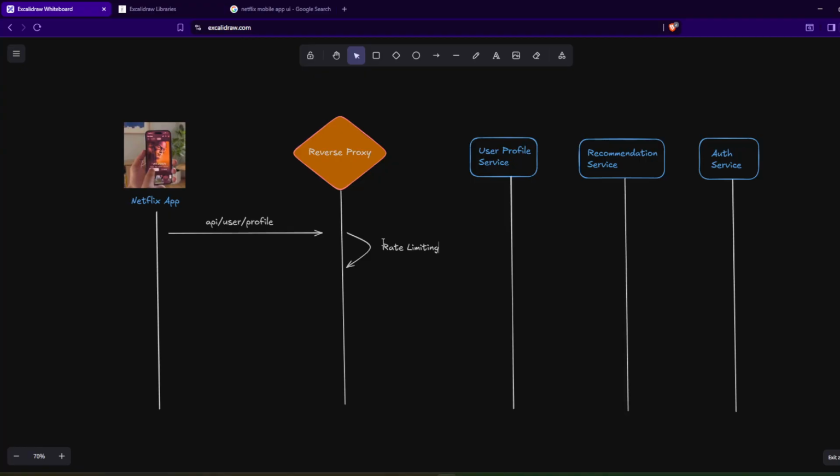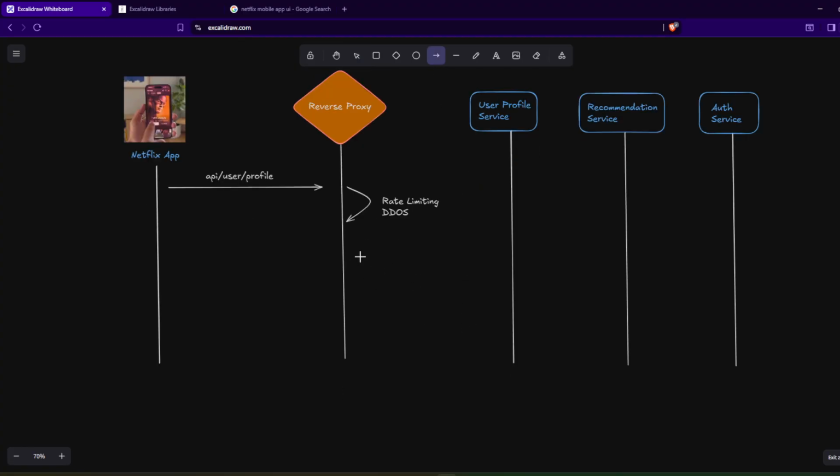Suppose your application is being launched from 10 different instances, whereas Netflix only allows 2 instances at the same moment to access it. From the reverse proxy end only, it can rate limit, and other than rate limit, it will also check things like DDoS attacks and everything. So this happens on the very first step.